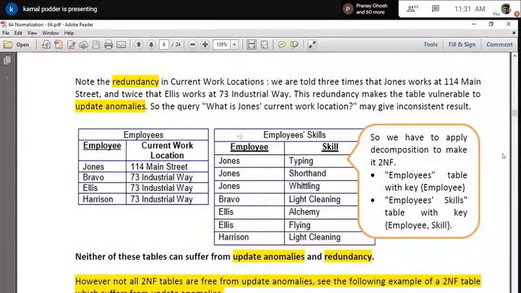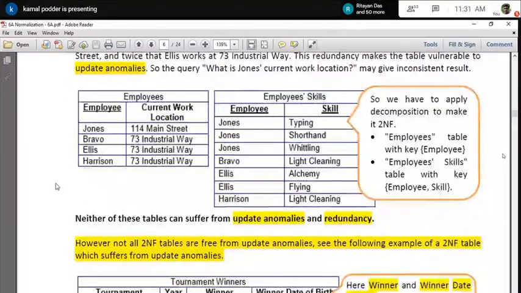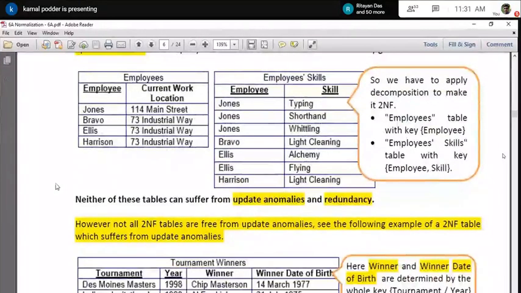So naturally, we have to create a composite key like this. And in another table you write the employee and his current location. If you do that, neither of these tables creates the update anomaly, and there is no redundancy.